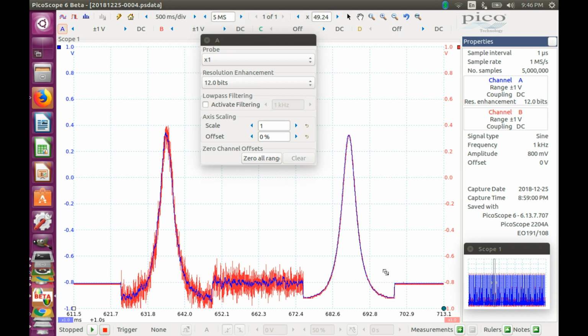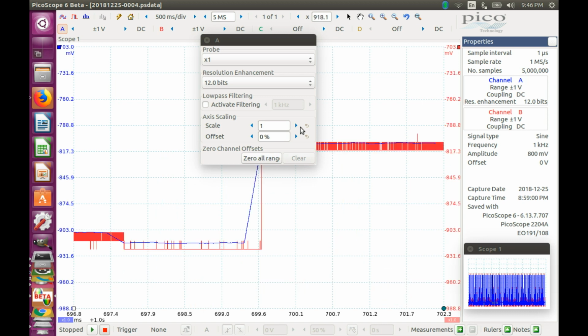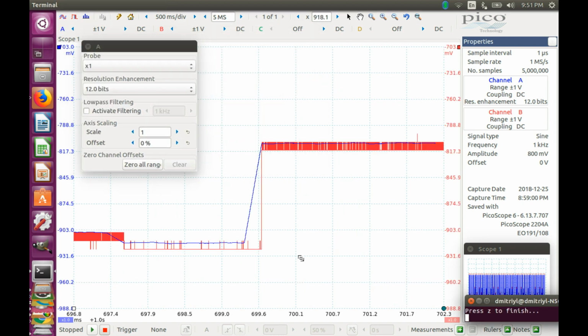Let's zoom in on it. Where we see a step function in the true waveform, we see a piecewise linear function in channel A with a non-vertical slope. Also note that it begins earlier than the true waveform.